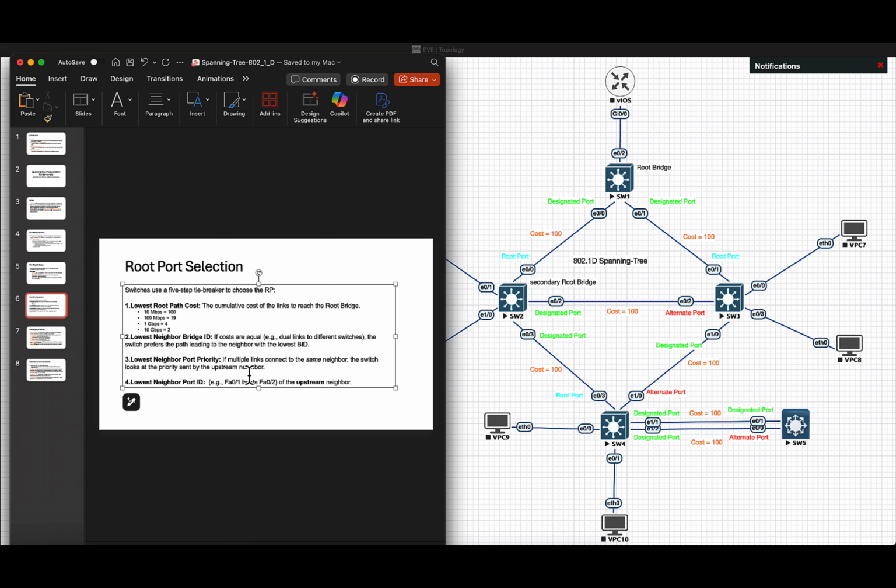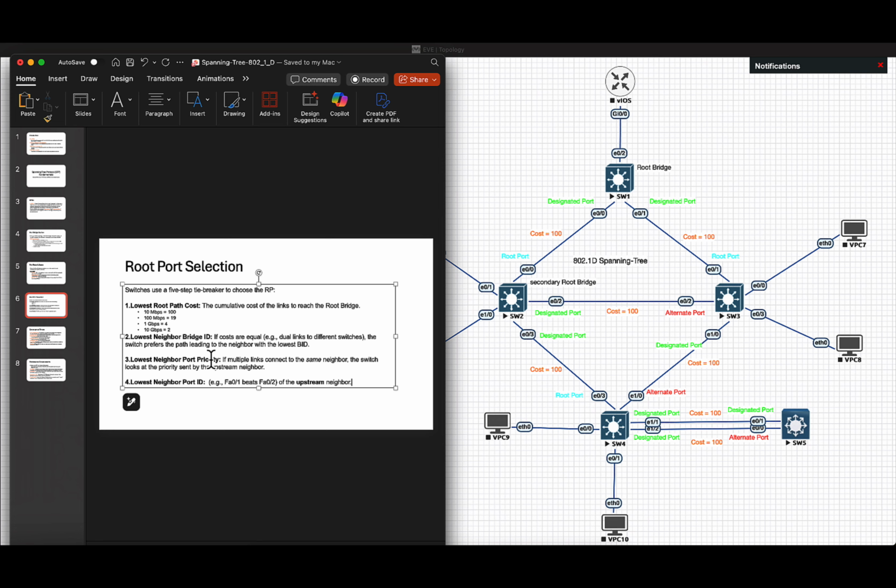And if they happen to be the same, then it will compare the neighbor port interface number as well. So this specific scenario uses tiebreaker number 3.